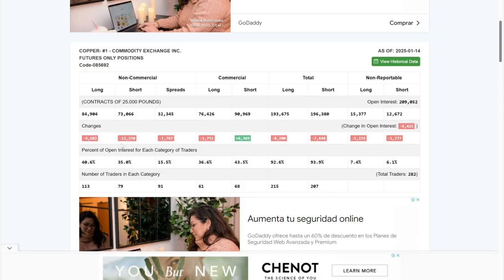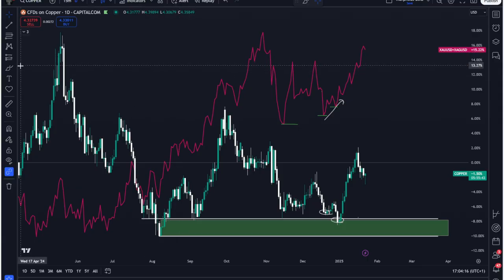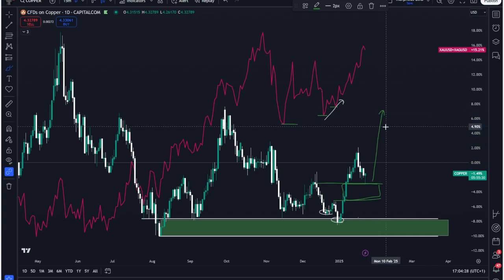From this? Because they are reducing their positions, but they are reducing more shorts than longs. Okay? And at the same time, we see the commercials that are hedgers going short. This means that the probability that we will reverse on this box on copper and go higher is really high.